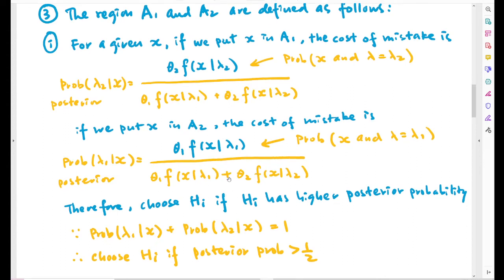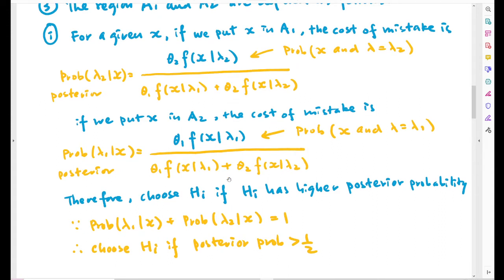So we can make the following conclusion. We should put x in region i, that means we accept or choose Hi, if Hi has higher posterior probability. And because we have only two hypotheses, these two posterior probabilities add up to 1.